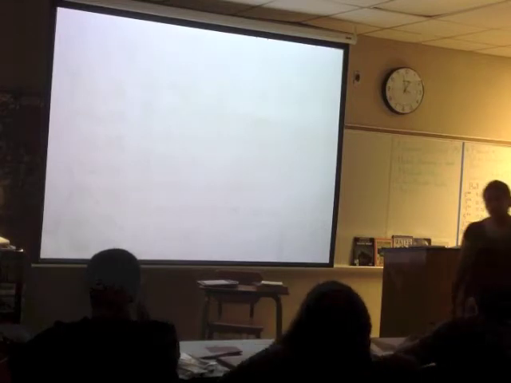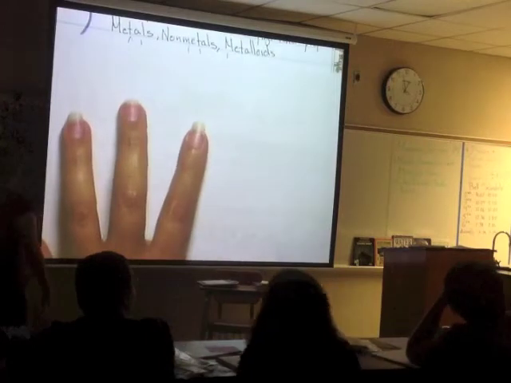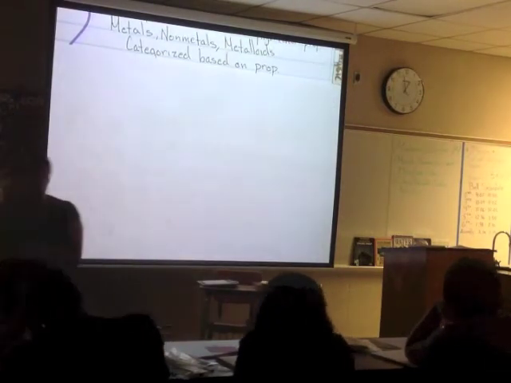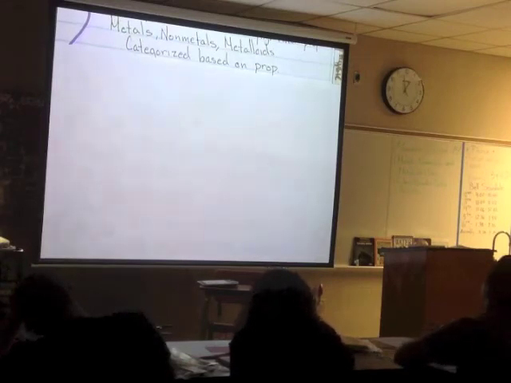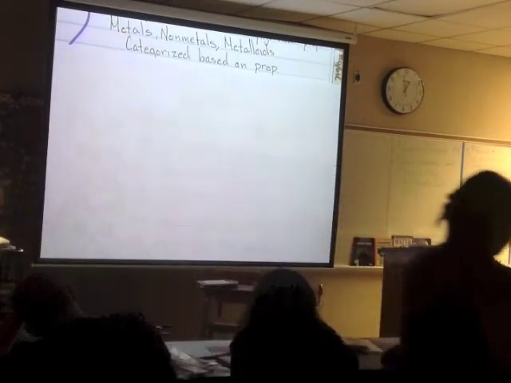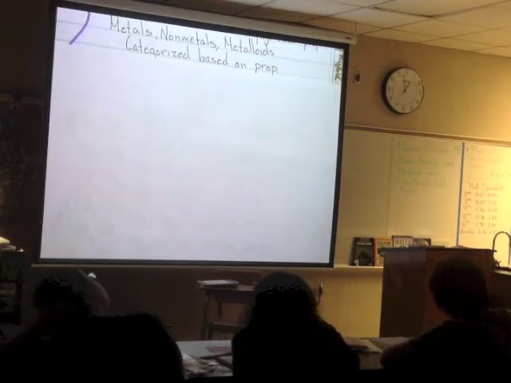How many colors did you end up using? 3. 1 for metals, 1 for nonmetals, and 1 for metalloids, and that's what we're going to talk about today. So these metals, nonmetals, and metalloids on the periodic table are categorized based on their properties. You need to make sure that you know where metals are, where nonmetals are, and where metalloids are.